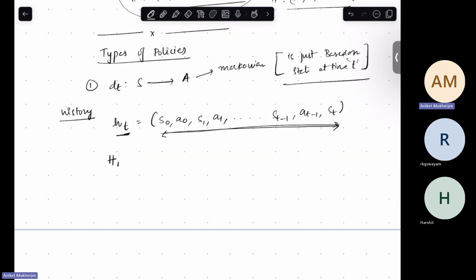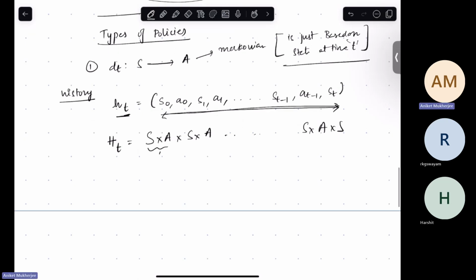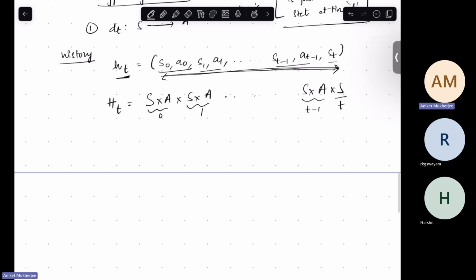Capital Ht is the set of all histories. The set of all histories would be just the Cartesian product of state, action, and so on, state, action, state. This is for your zeroth, this is for your first, and this is for your t minus 1. And then you just know the t-th state, you have not yet taken the action. So at each step you're increasing in dimension.